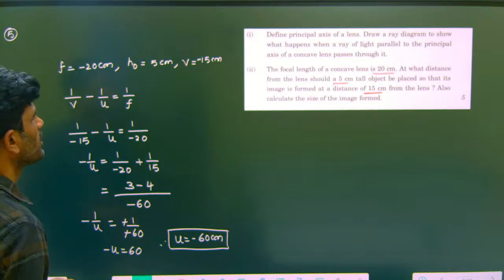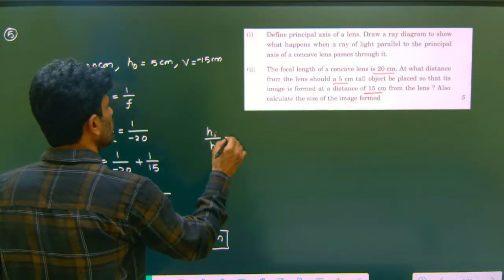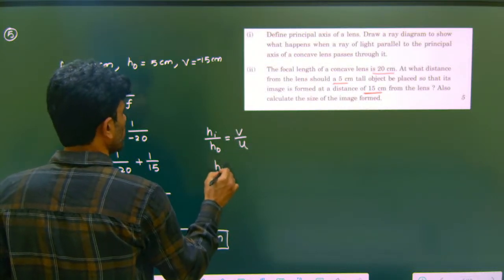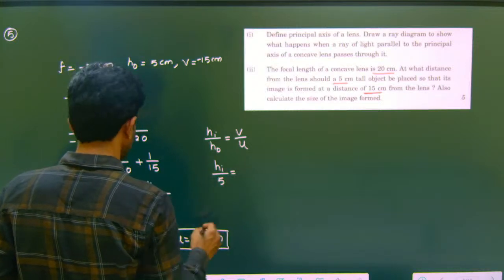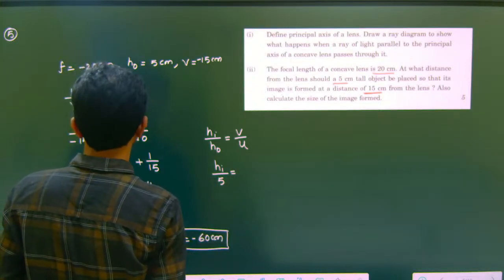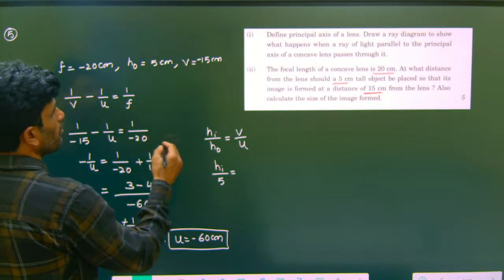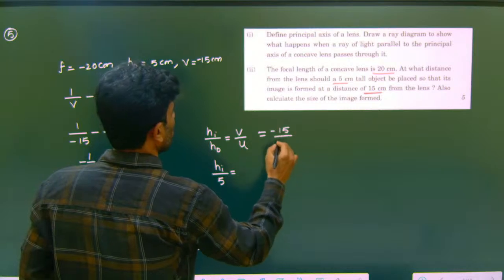Then also calculate the size of the image. HI by HO is equal to V by U. So HI is how much? We don't know, we have to find. HO is 5 centimeters, equal to V by U. V is minus 15 by minus 60.